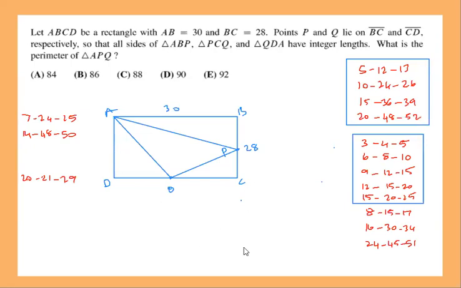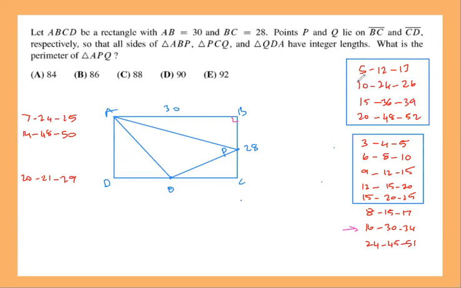Now let's try and check with the given numbers. Since we know ABQ is a right triangle, with one leg being 30, from the choices we have 30 right there.